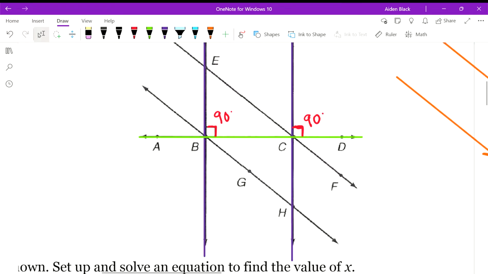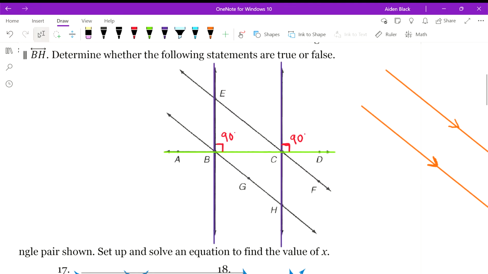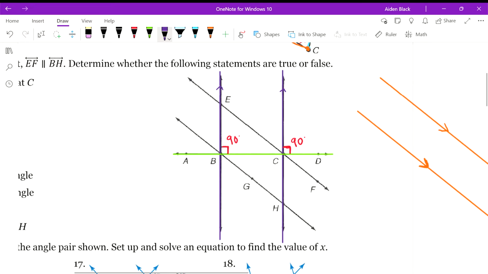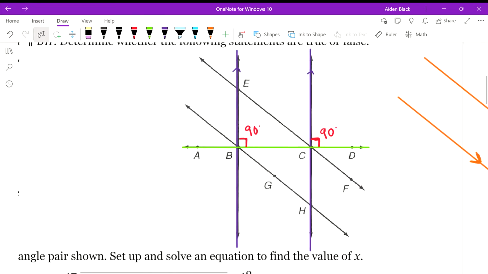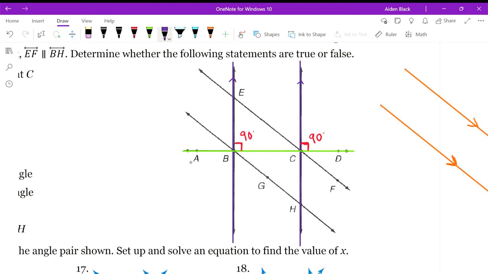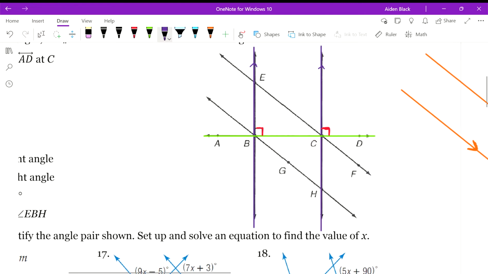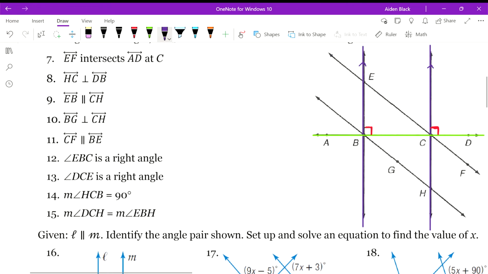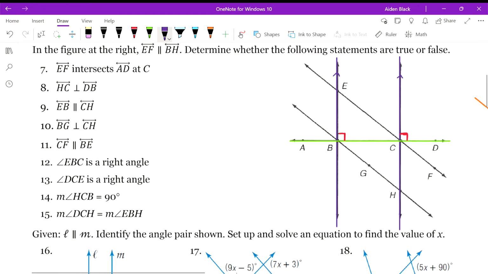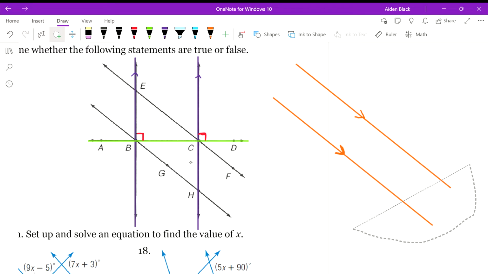These are corresponding, and since they're corresponding, we know that these two lines must be parallel. This leads us into what you'll learn later, the converse of corresponding angles theorem. The idea here is we know these must be parallel, the two purple lines, because their corresponding angles are congruent. So that's just a little side note I wanted to put there. Maybe we can put this back.